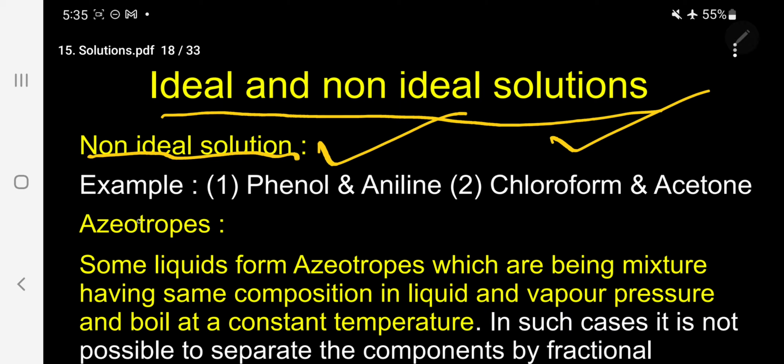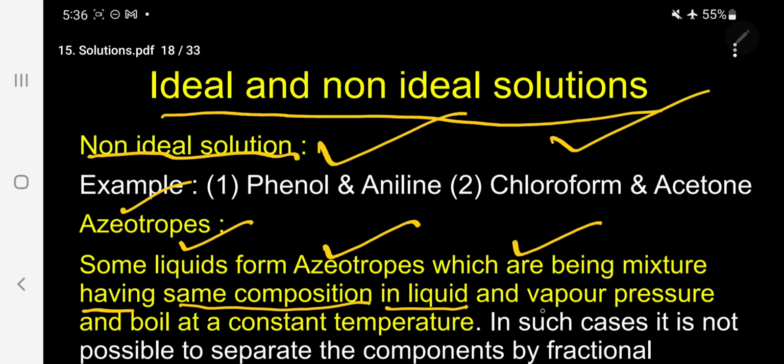What are azeotropes? Let me define. Please follow, my dear students. This is very, very important. Some liquids form azeotropes, which are mixtures having the same composition in liquid and vapor and boil at a constant temperature. Just see the criteria.